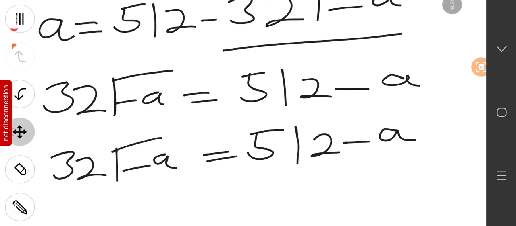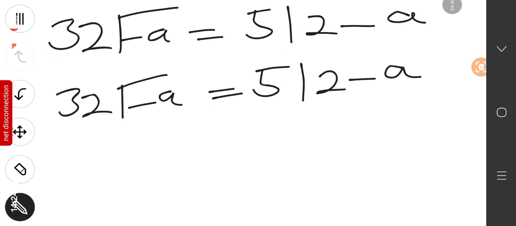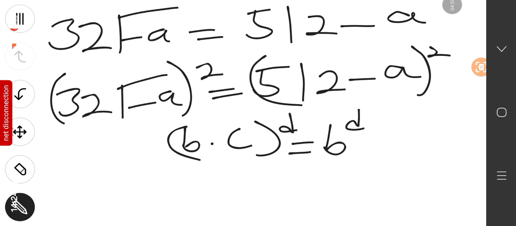Now let's square both sides of the equation in order to remove the square root. So we square this side, we square this side. Now, according to the product to a power rule of indices, if you have b times c exponent d, this equals b exponent d times c exponent d.